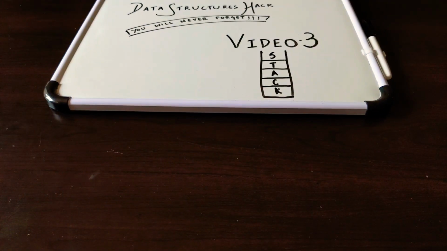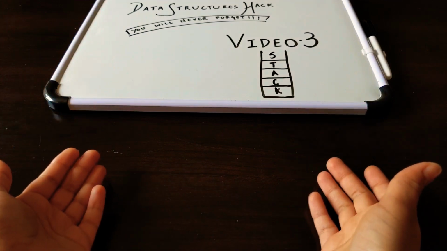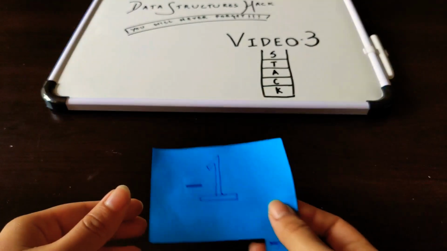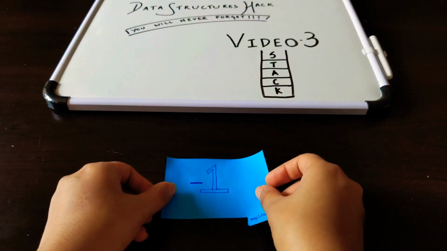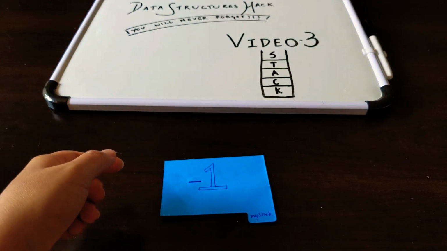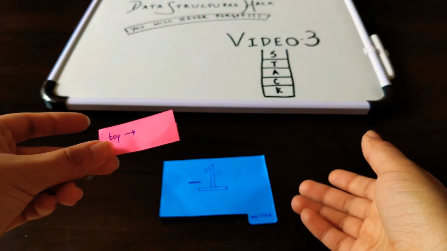For the initial example, I'm going to assume that there is a stack over here which is empty. The emptiness of a stack is represented by -1. And -1 is being pointed to by something called a top pointer.